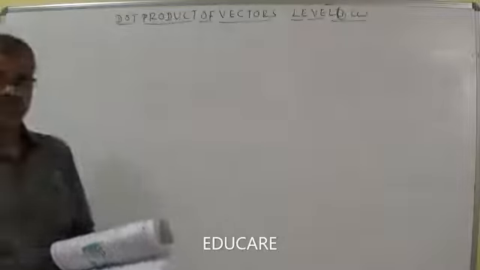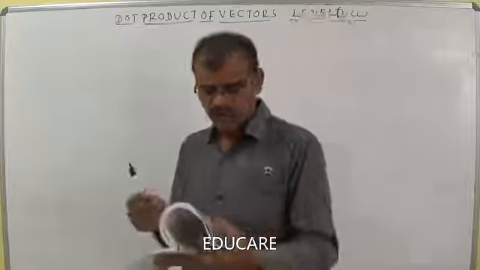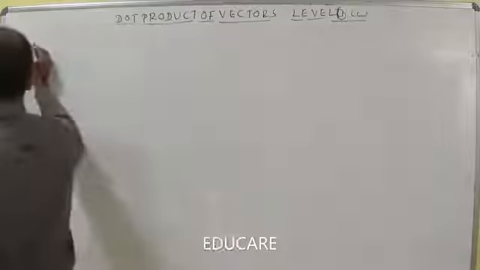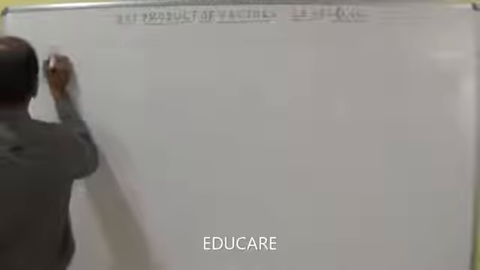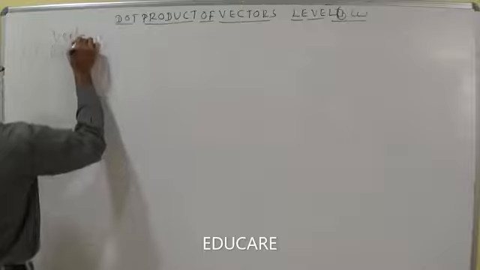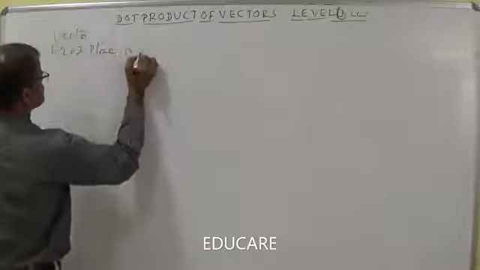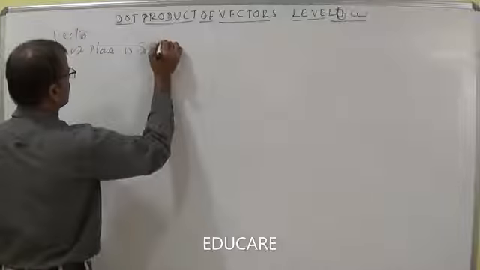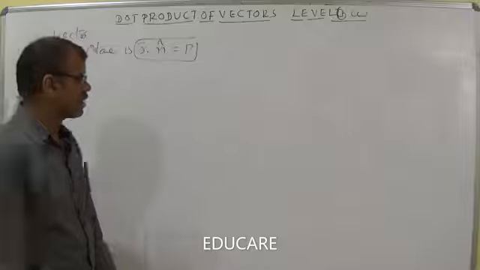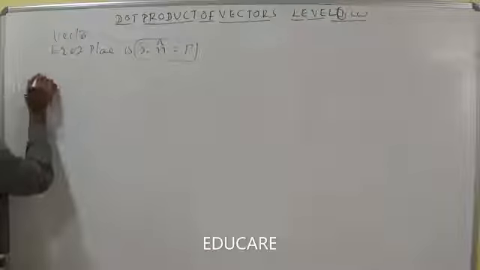A plane is at 8 units distance from the origin and is perpendicular to the vector 2i plus j plus 2k; find the equation of the plane. Now let us remember the formula, that vector equation. The vector equation of a plane is r bar dot n cap equal to p. N cap means unit vector.